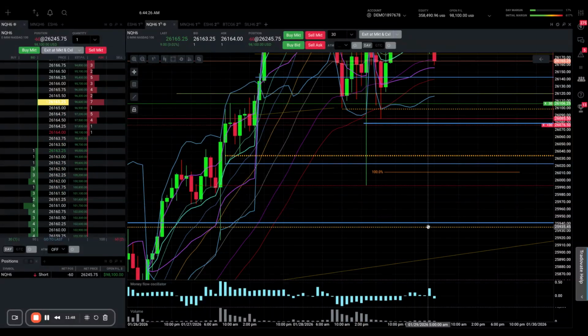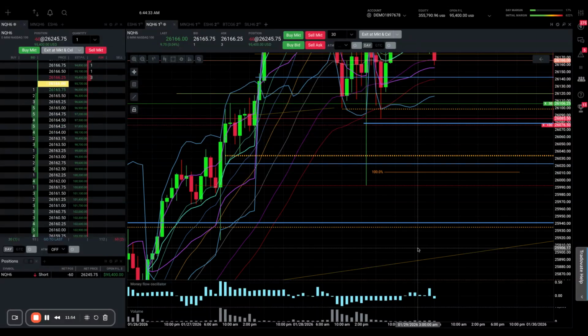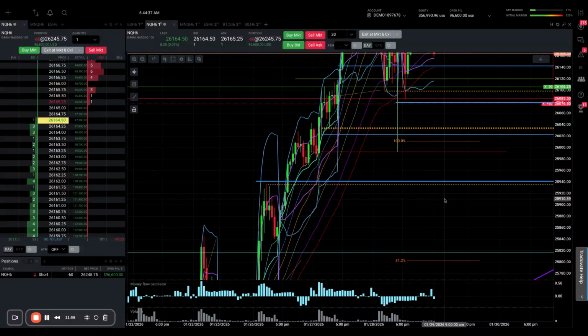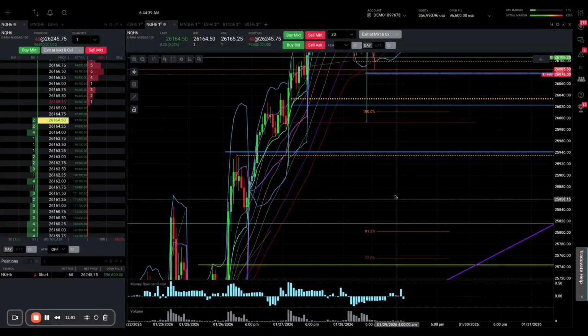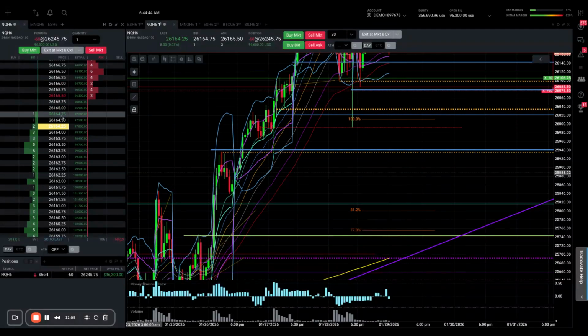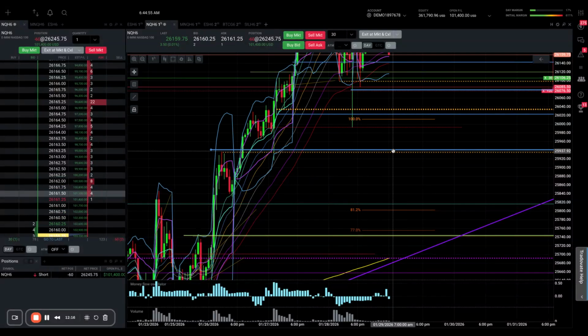Just because we have these support lines doesn't mean it's going to just turn around and keep going up. I mean, we could keep falling until we find a real actual support level, guys. But this could be a support level. If price is moving really fast, like yesterday, if you go back on market replay and watch how fast price is moving when you get into one of these zones, don't even look for buys.